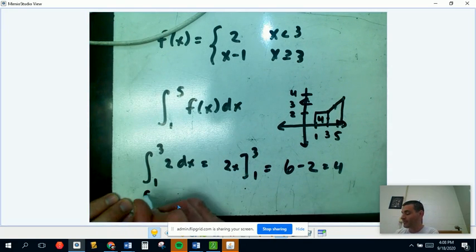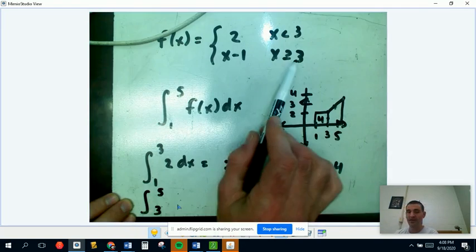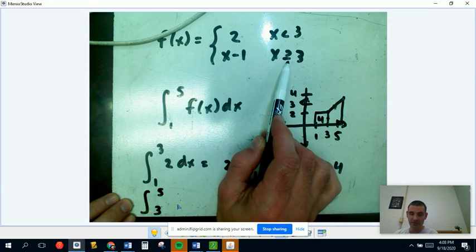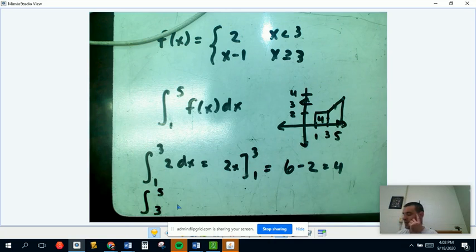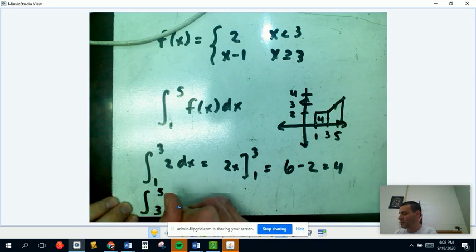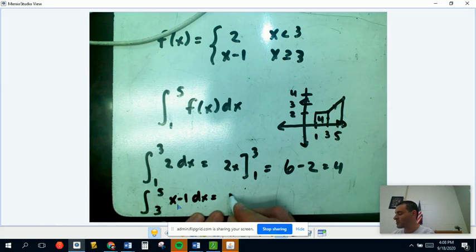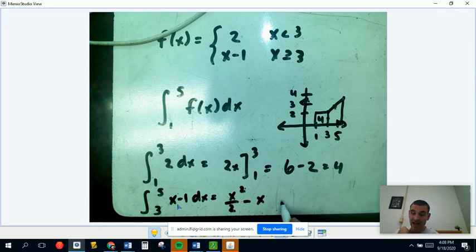The other one is going to run from 3 to 5. And it doesn't matter, by the way, that the underline is here in this problem. Doesn't matter where they come together there anyway. So we're doing it for x minus 1 dx. Okay, so if you do your antiderivative, that's x squared over 2 minus x, which kind of looks like a trapezoid formula if you pay attention to it.